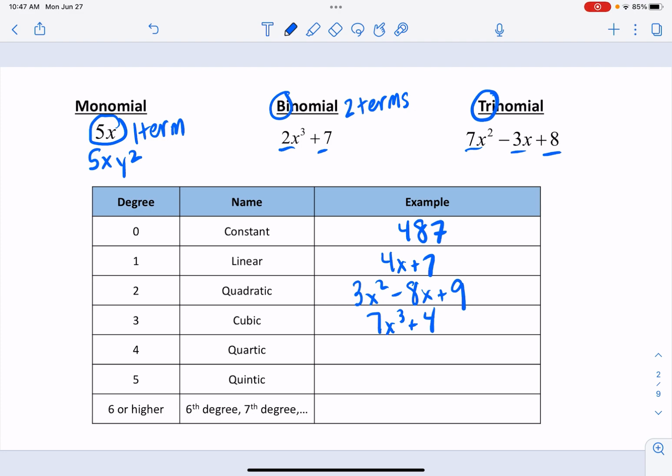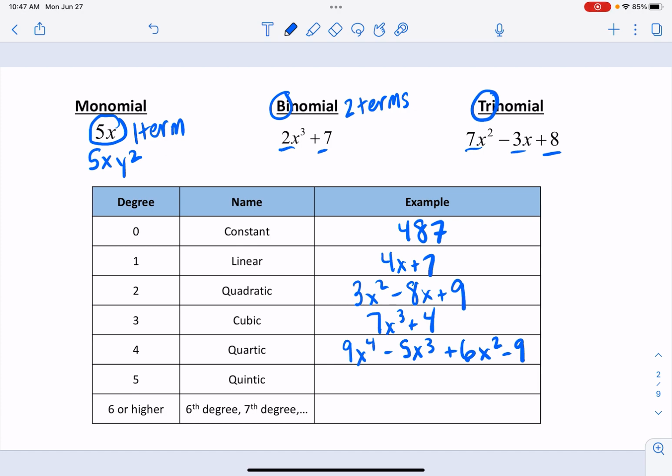The highest degree is 3. If your highest degree is 4, so there's an example, it's called quartic.